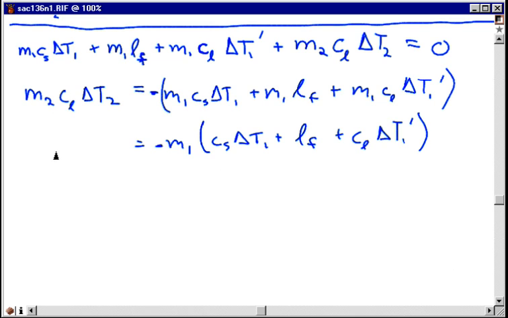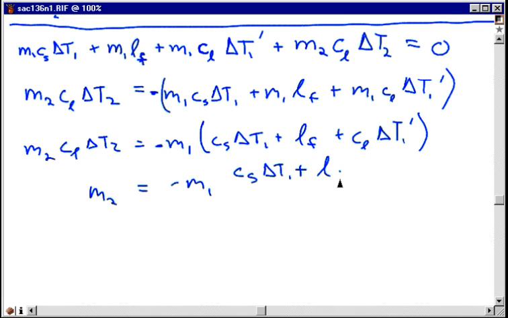Now I'll divide both sides by Cl delta T2, and I'm left with M2 is equal to minus M1 times Cs delta T1 plus LF plus Cl delta T1 prime, all divided by Cl delta T2. So now I got to substitute values with units.